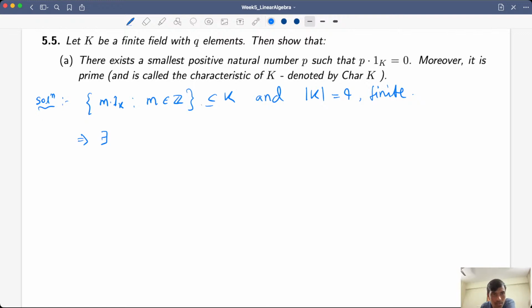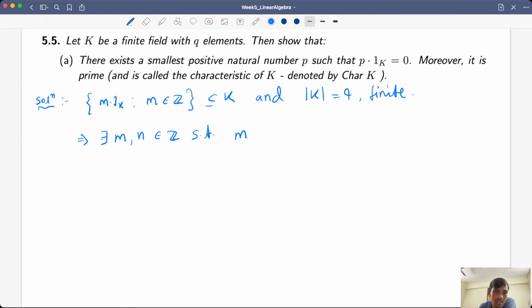m, n belonging to Z such that these cannot be all distinct, right? Because if all these are distinct, then I would get an infinite thing, and an infinite thing cannot lie inside K. So these m·1_K, (m+1)·1_K cannot be all distinct.